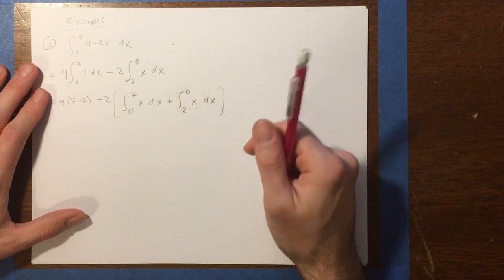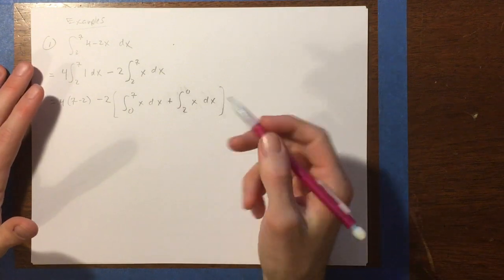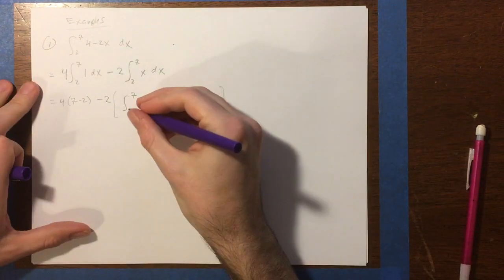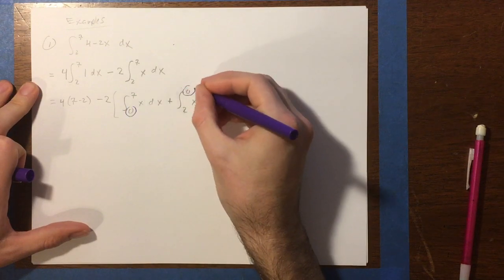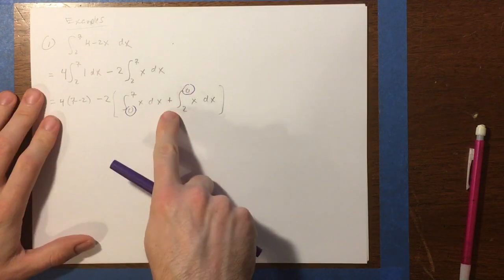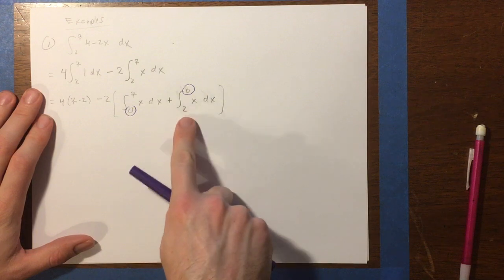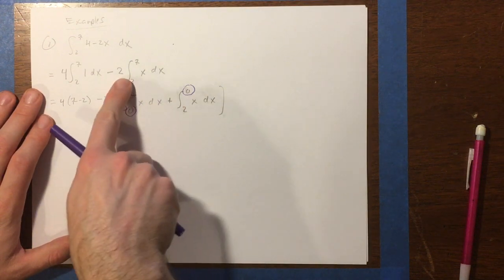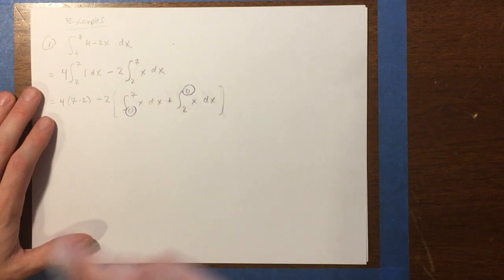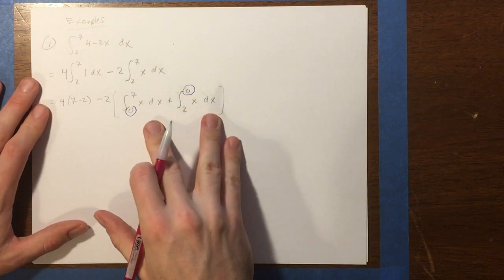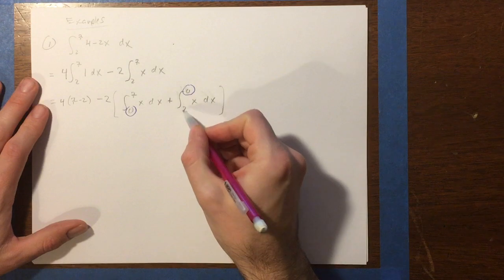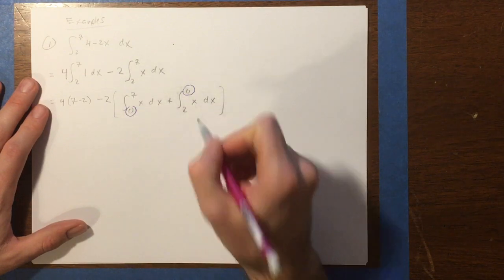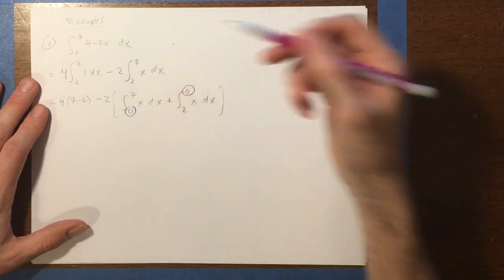Remember, I explained earlier how if the lower limit of integration on one of them matches the upper limit of integration on the other, then when you add them together, it can be combined, going from the lower to the upper. And that would be from 2 to 7. And I also pointed out in that video that it doesn't matter if those things aren't in the same order. For instance, here we're going from 2 down to 0, and then from 0 back up to 7. And adding these together still gives us the integral from 2 to 7.